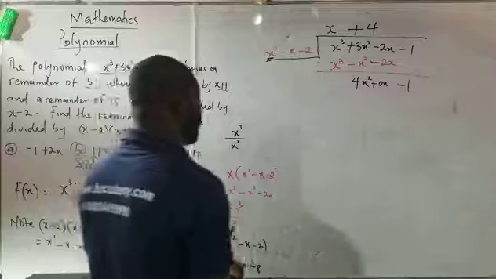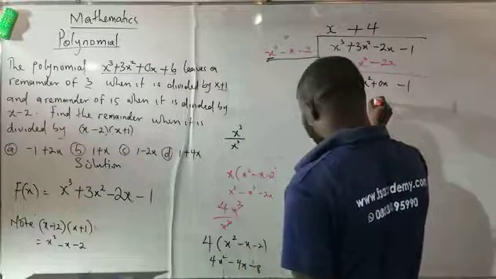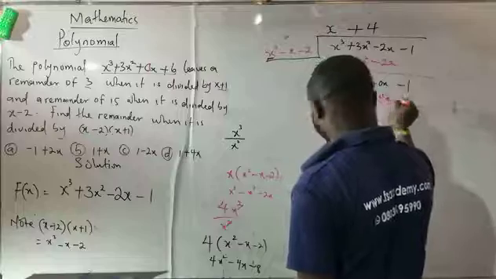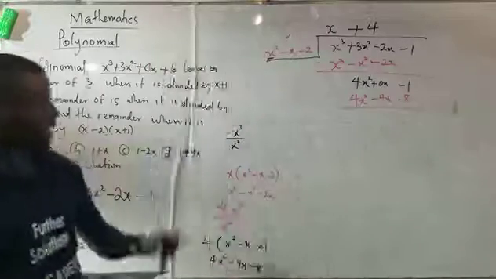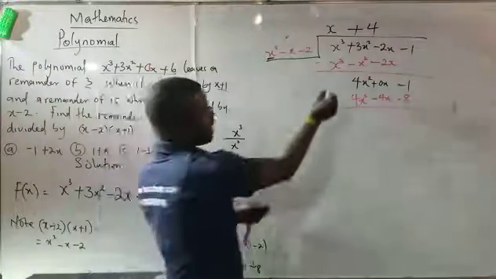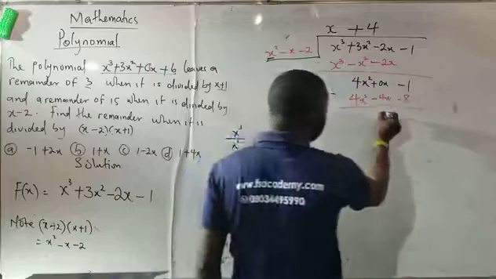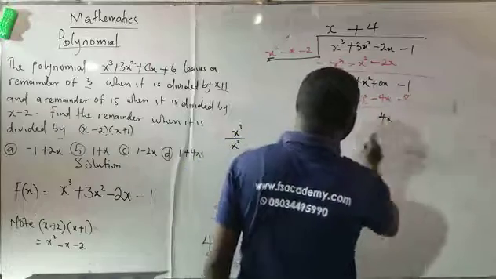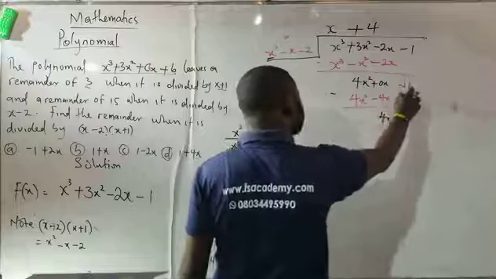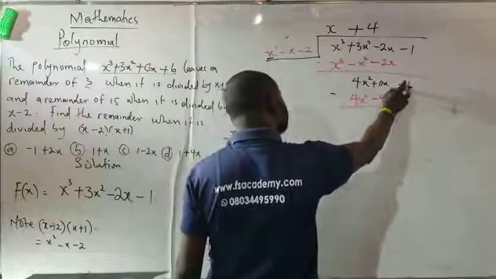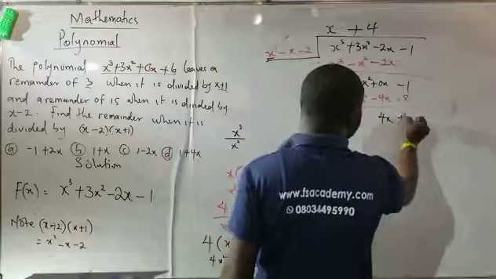Now I will subtract, and it will become 0. This one will be plus 4x, because minus minus is plus, and this one will be minus 1 minus minus 8, which is plus 7.